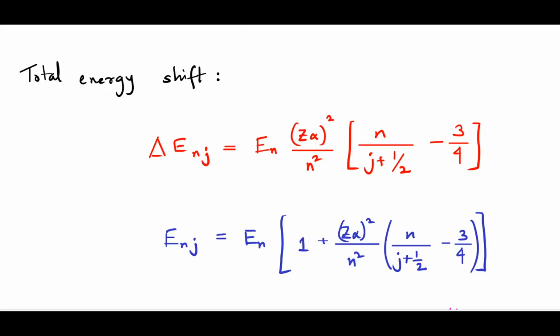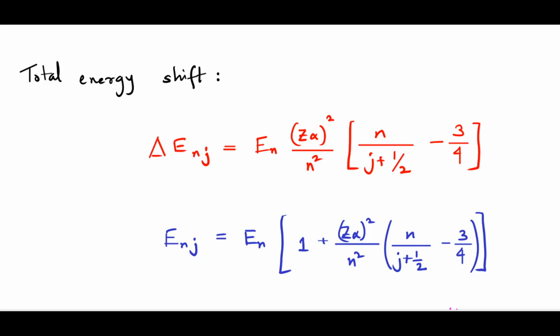Once you add delta E1, delta E2 and delta E3 together to get the total energy shift due to the fine structure perturbation terms, you find that the final result is a bit surprising. The energy shift delta E, as you can see, has two labels, n and j. This means that the energy shift depends on the value of n. That was of course obvious.